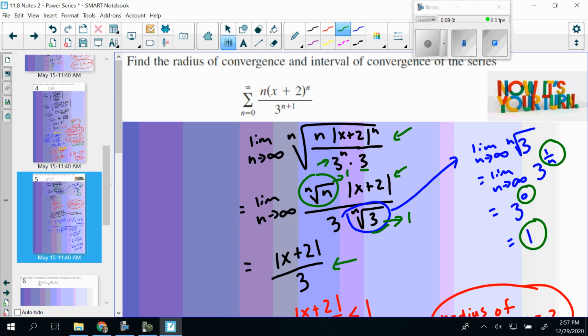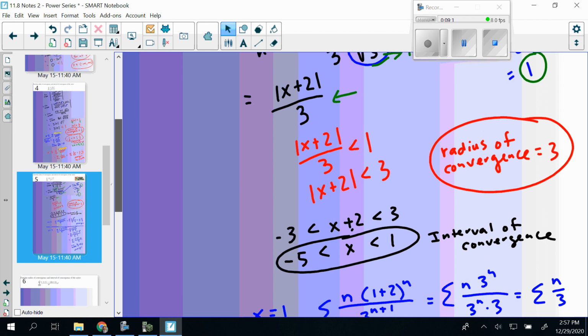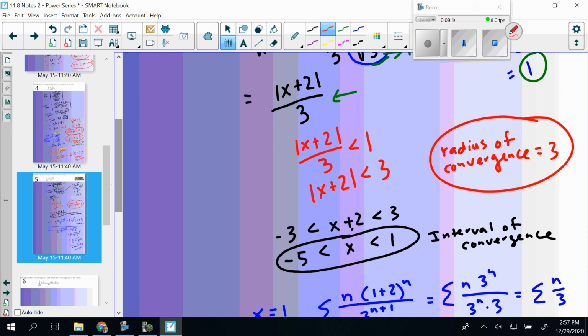So now we can figure out what our radius of convergence is, because in order for this to be convergent, it's going to have to be less than 1 by the root and ratio test. And so if we times by 3, that tells us that absolute value of x plus 2 has to be less than 3. So because we have 3 as our value, our radius of convergence is 3.